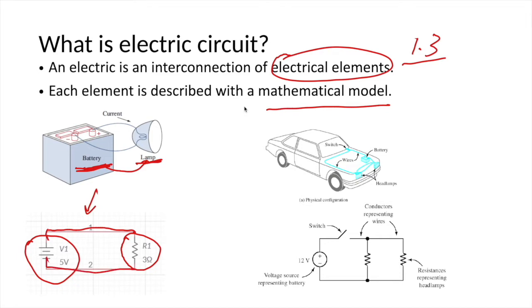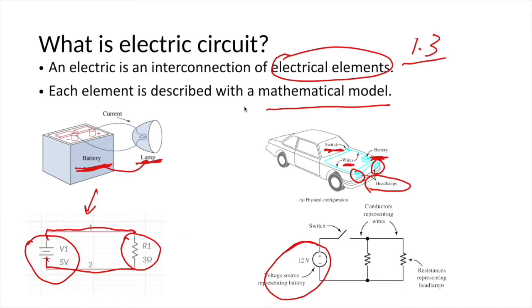The second example is a vehicle. It has wires, a battery, a switch, and headlamps. It has two headlamps. Similar to the first example, we have the model for the voltage source, that is the power supply.